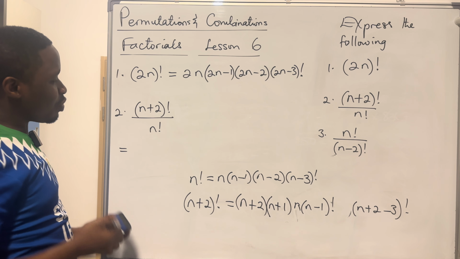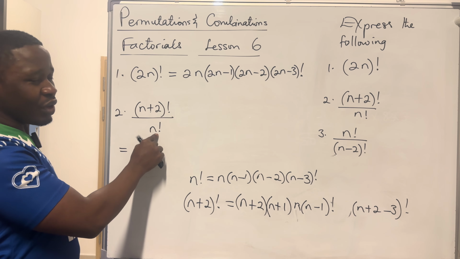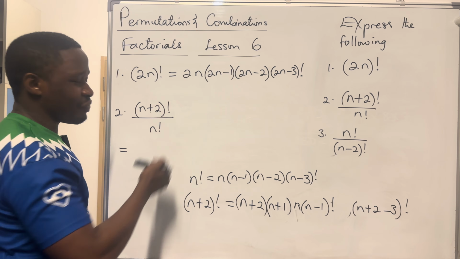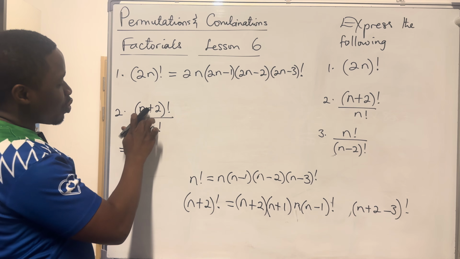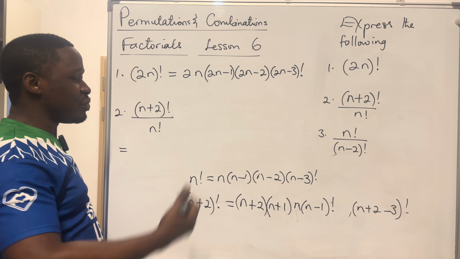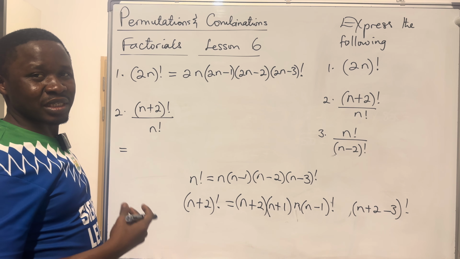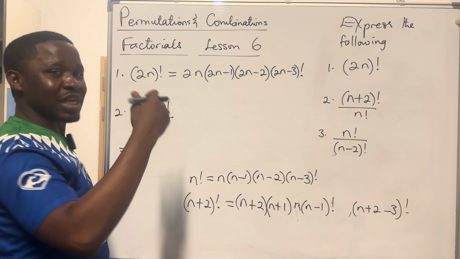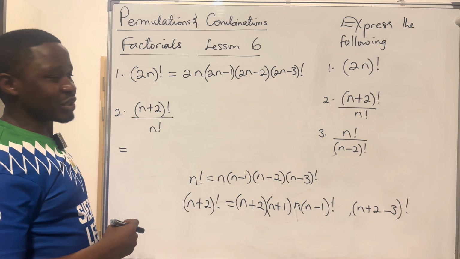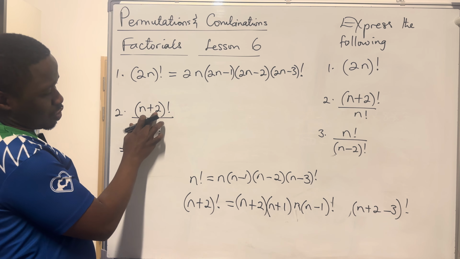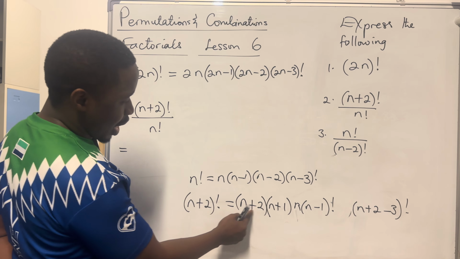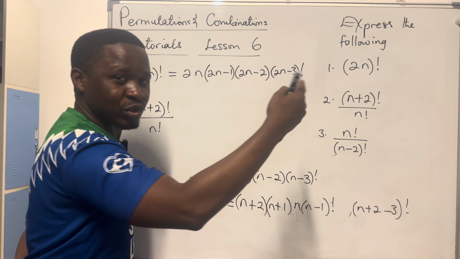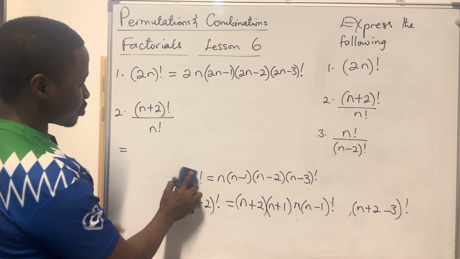So whenever you have a single n factorial with n plus something factorial, note that the one with a plus will later give you a minus. It depends on the time. If this is 5, it takes some time before it enters the minus side. But because this is just plus 2, in no time, 1, 2, it disappears, minus. The next one will give us minus 2, minus 3. Okay.